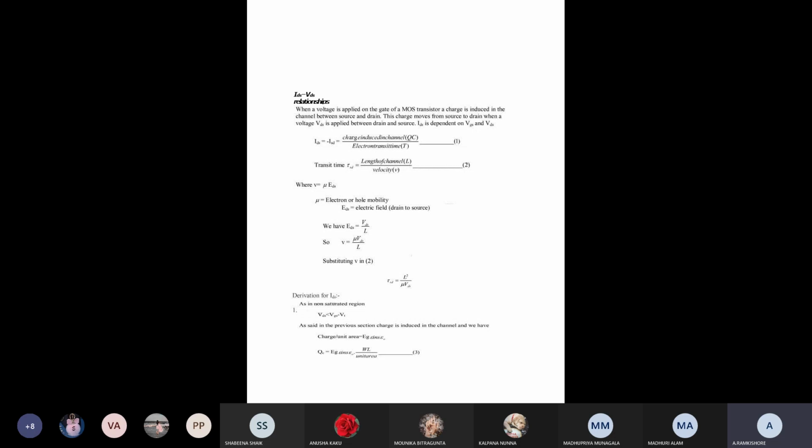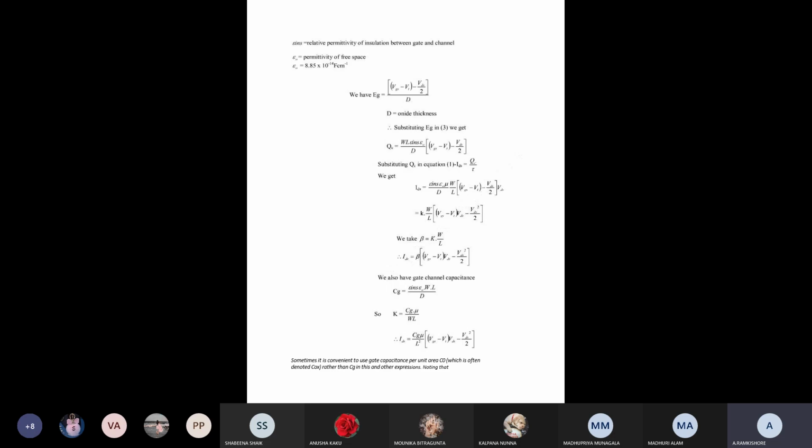That equation gives the Q_C value in case of the non-saturation of the MOS device, denoted in equation 3. For epsilon naught, the permittivity of free space, we know that the value is equal to 8.85 into 10 to the power of minus 14 farad per centimeter.